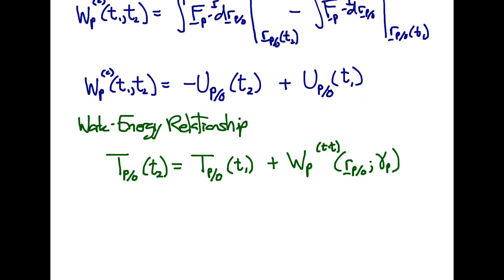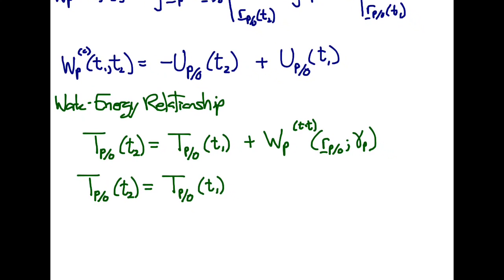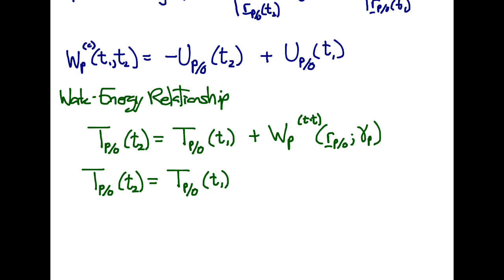We've now taken this one step further, and separated the work done by all the forces into two different camps: the work done by conservative forces, and the work done by non-conservative forces. So we can write our work-energy relationship in an expanded form, where the kinetic energy at time 2 is equal to the kinetic energy at time 1 plus the work done by conservative forces from time 1 to time 2.